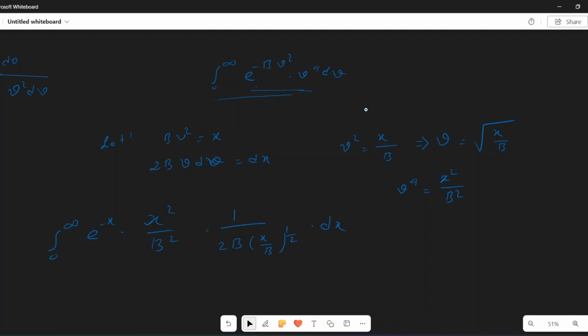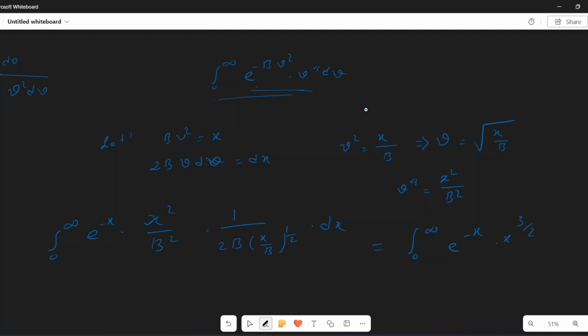Now look at this term. We have to simplify these terms a little more. How to simplify the term? The integral from 0 to infinity of e to the power minus x. Now all the terms of x are put together, giving 3 by 2.